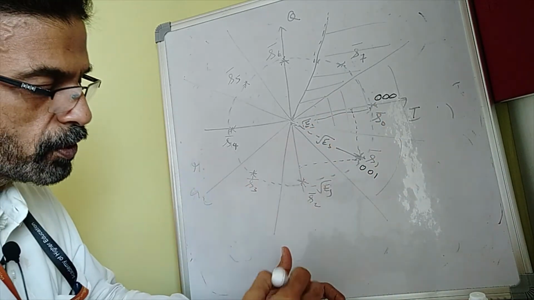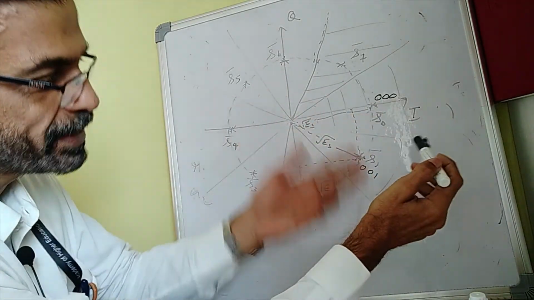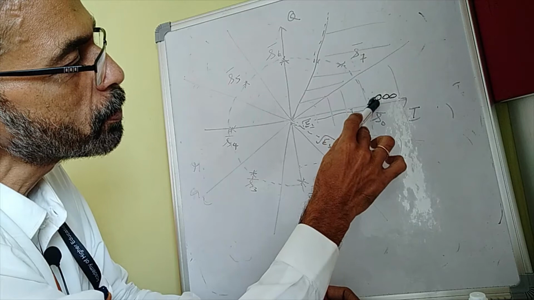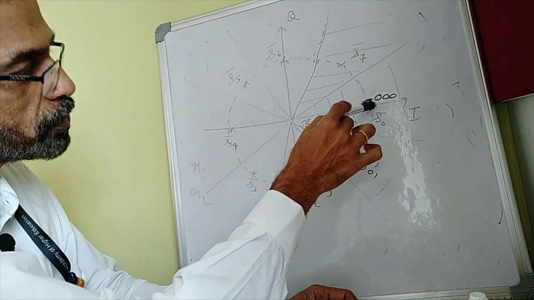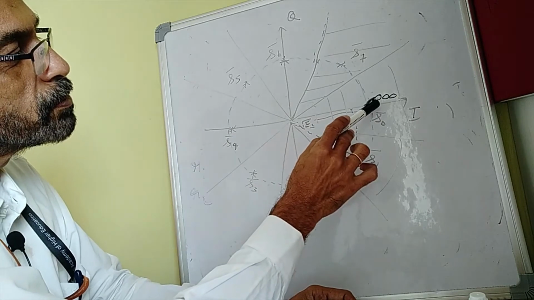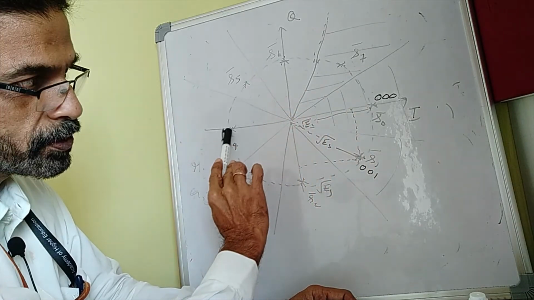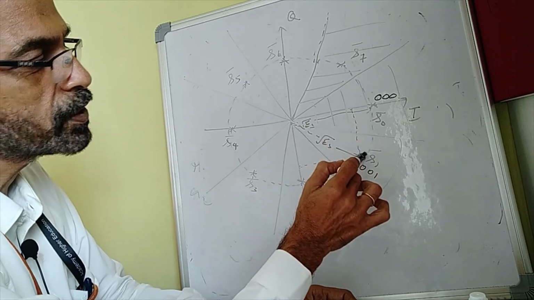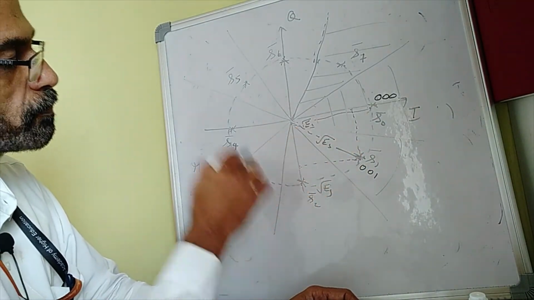So I have to follow Gray coding here as well, because just as we saw in QPSK, and we'll see that later, the probability of these type of errors will be more than the probability of these type of errors or these type of errors. In fact, the least probable will be these type of errors where signals are mistaken for ones lying diametrically opposite to them. Whereas signals being detected as the ones lying very close to them, adjacent to them, will be dominant, and the probability of these will be in between.